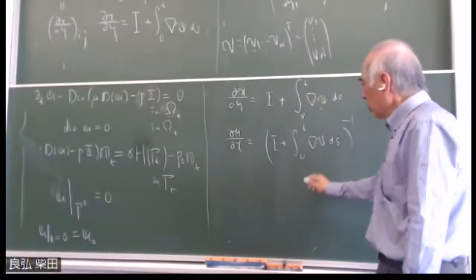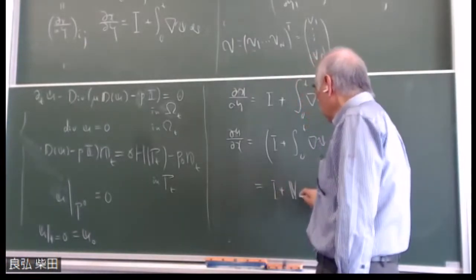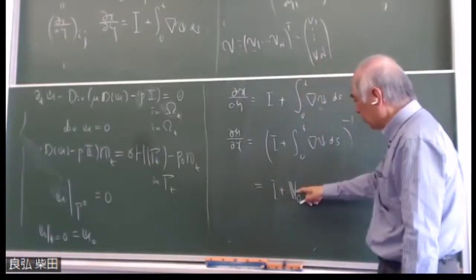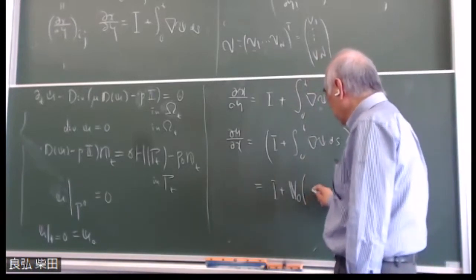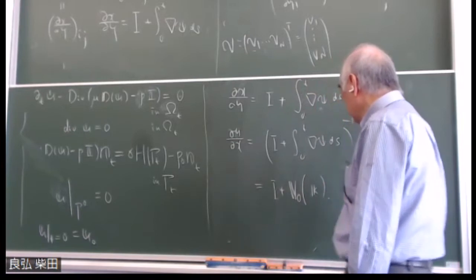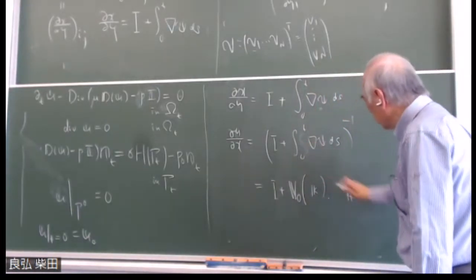And then this is small, then you can write it like this. I don't know why I prefer to use a capital V. And then I write K. K is a corresponding variable, so this one.